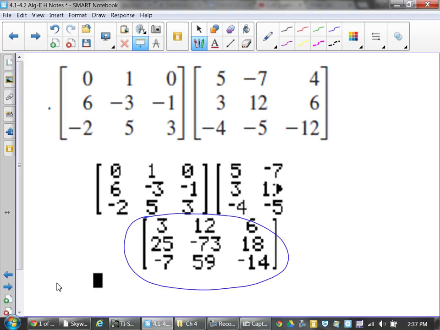It's the whole thing, it's all attention to detail. You go down, you go across. Oh, I'm sorry, this is a negative, this is supposed to be negative 5.